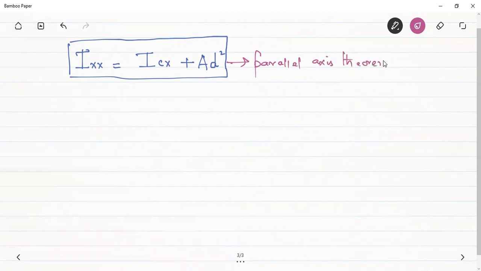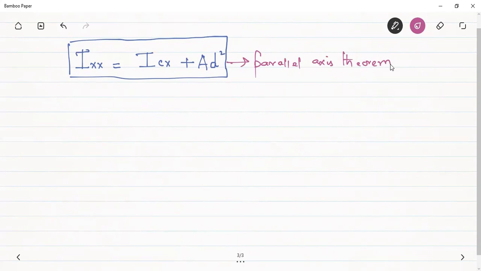And we also expect the students to derive the proof of the parallel axis theorem for the mass moment of inertia as well. Only the terms of area will get replaced by mass, the rest of the procedure will be the same. So this derivation is quite important with respect to the offline examination.